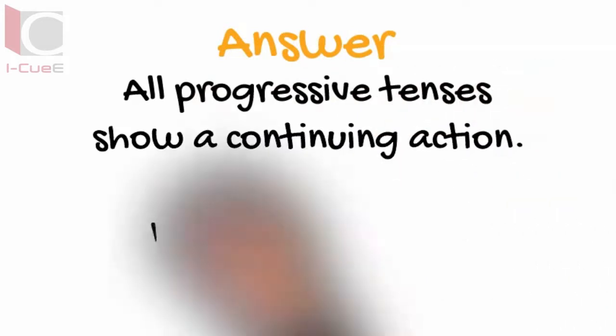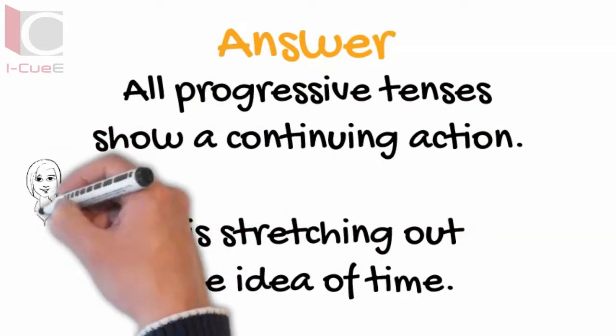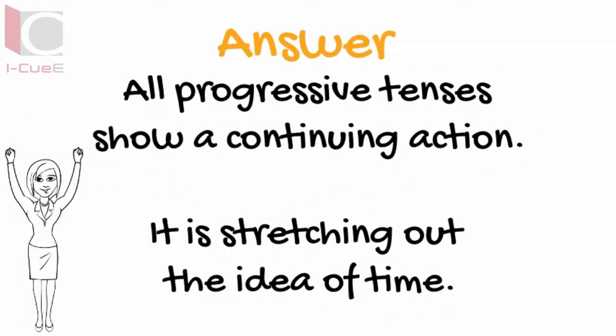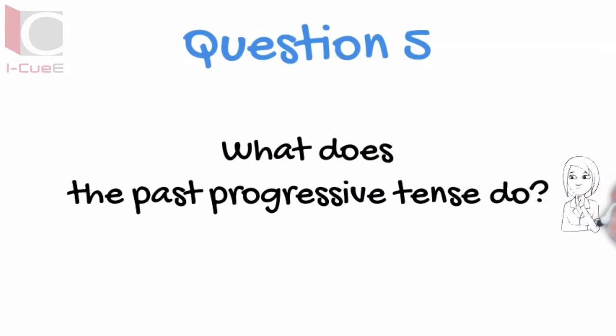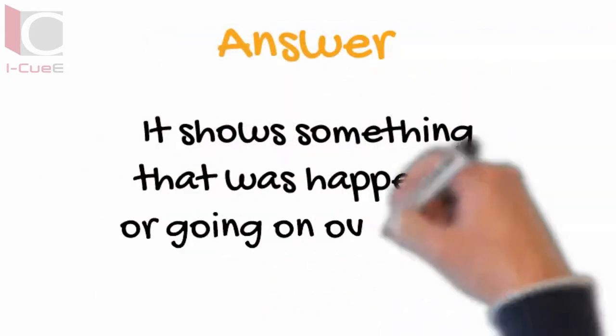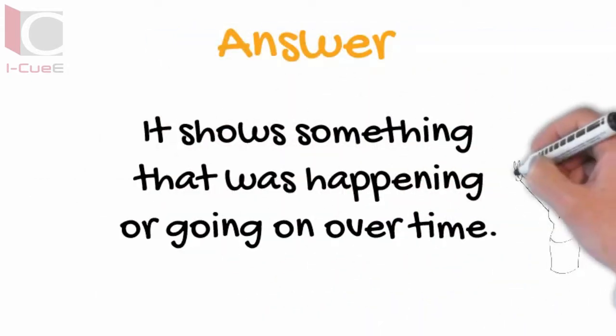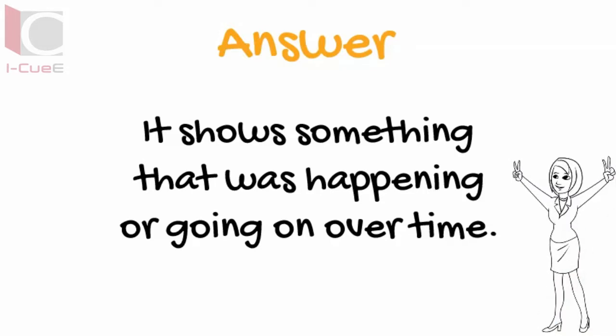All progressive tenses show a continuing action. It is stretching out the idea of time. What does the past progressive tense do? It shows something that was happening or going on over time.